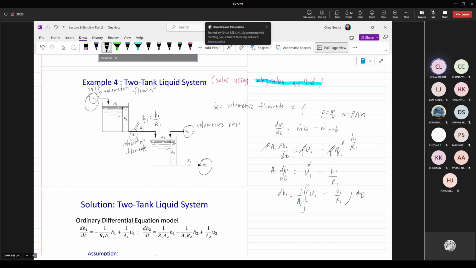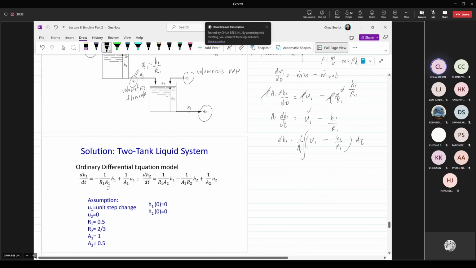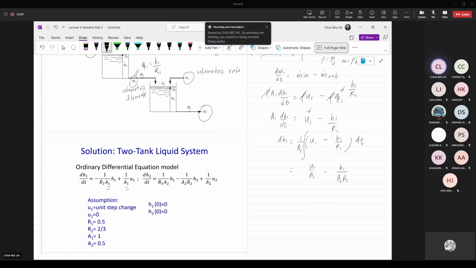For their solution, you can see they multiply the A1 into the equation, means they have U1 over A1 minus H1 over A1 R1. Then integrate dt bracket. Then after you integrate and derivative, you'll be having H1.